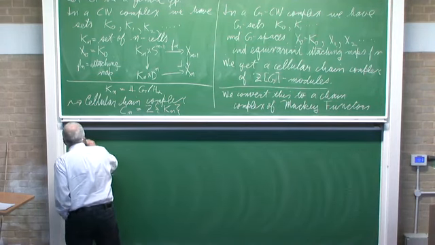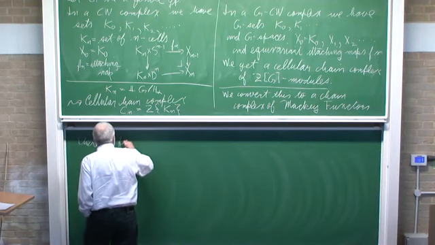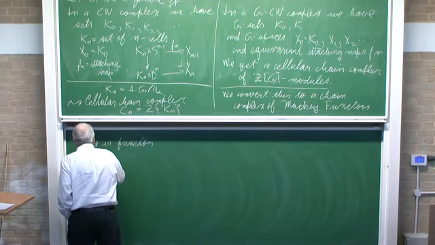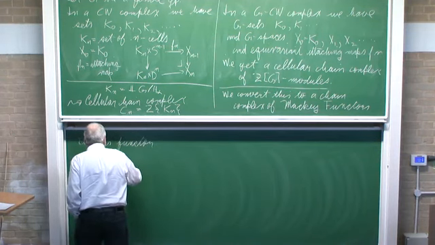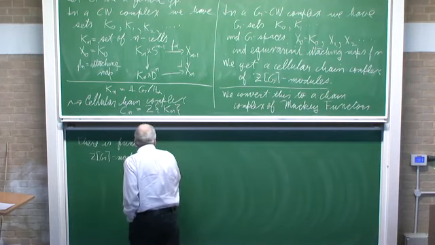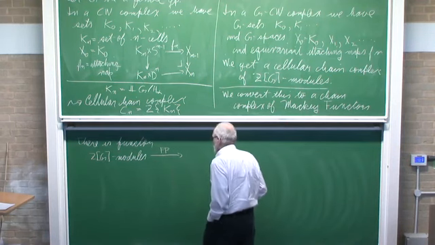So there is a functor from ZG modules. I'll call this functor FP, that stands for fixed point.